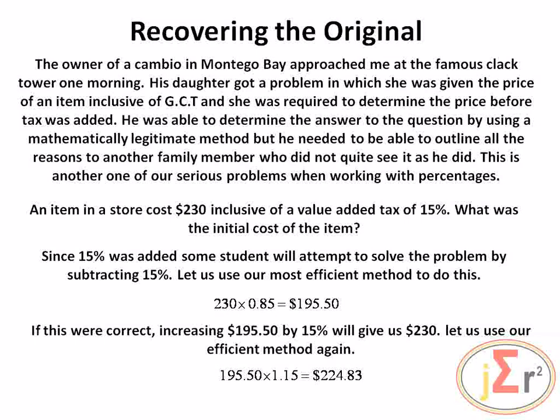Therefore, we know that something is wrong with our method. Therefore, let us come to a conclusion. When the value that we have reflects something that is increased by a particular percentage, we cannot decrease by that same percentage in order to get the answer. There's another method that we have to use.